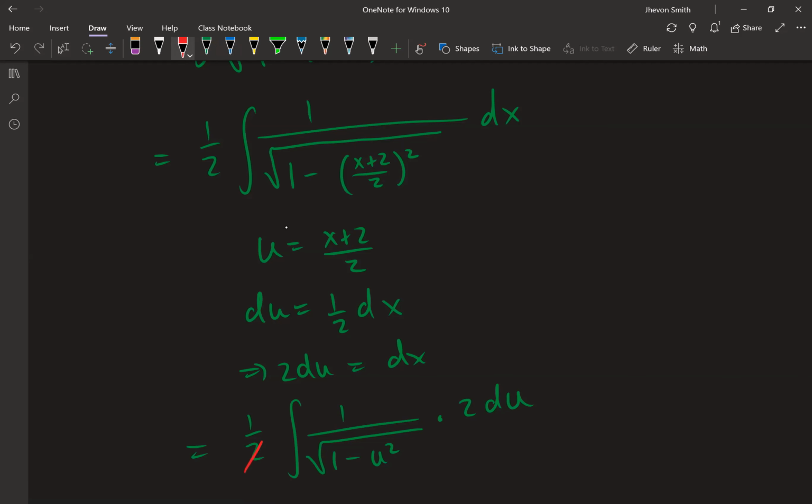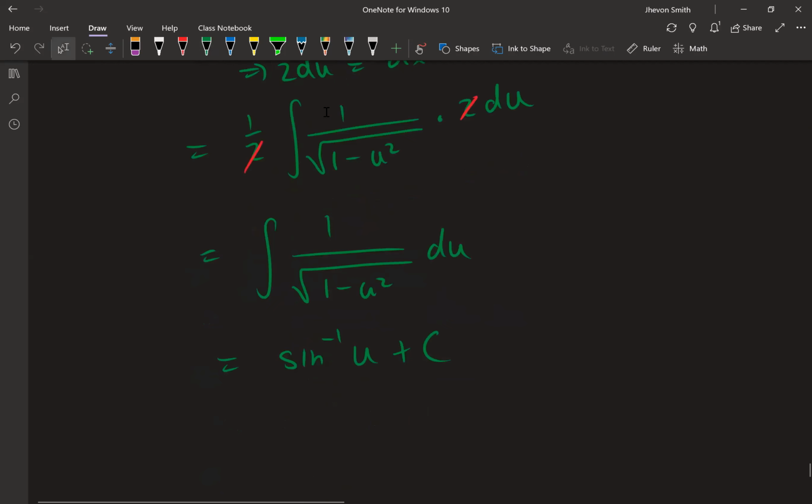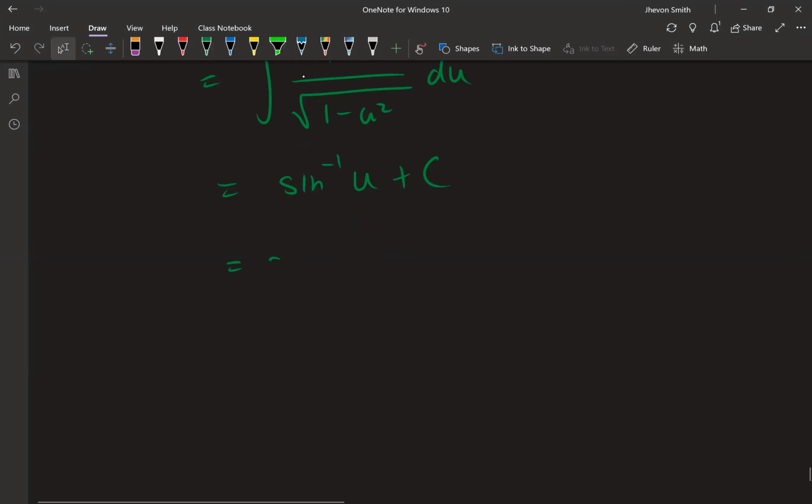The 2's are going to cancel, and here we're left with 1 over the square root of 1 minus u squared du, which as we now know is the sine inverse of u. And your u was x plus 2 over 2.